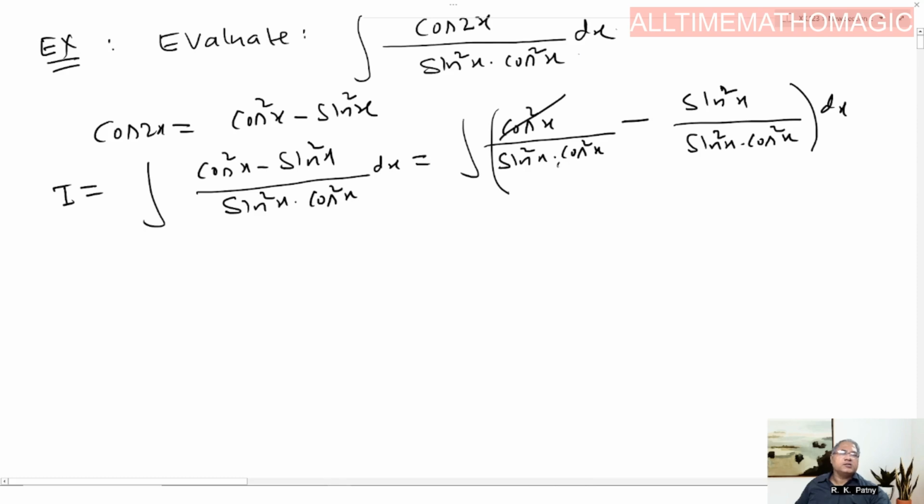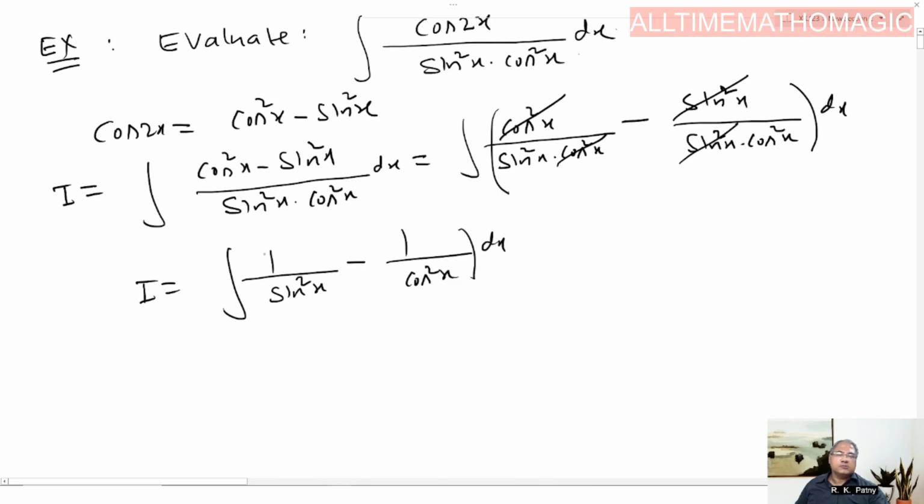Here cancellation is possible: cos square cancels, and here sin square cancels. Therefore, I equals the integration of 1 upon sin square x minus 1 upon cos square x with respect to x.